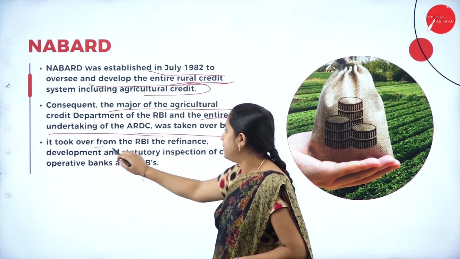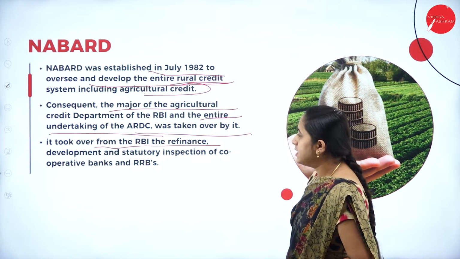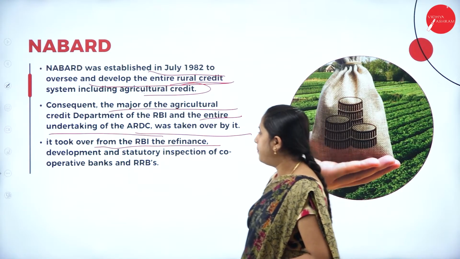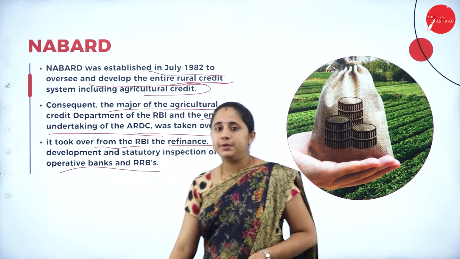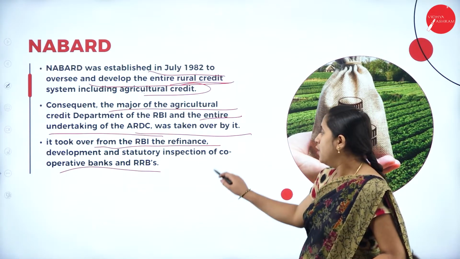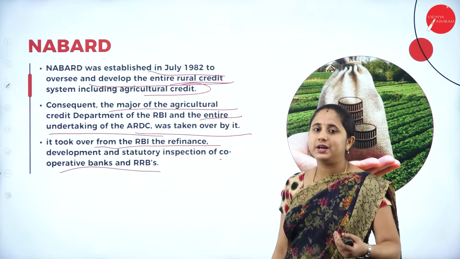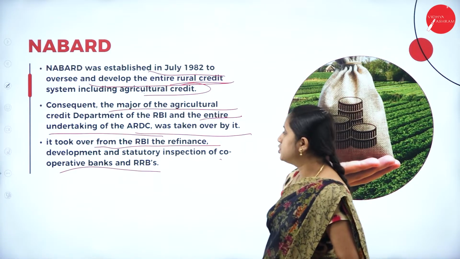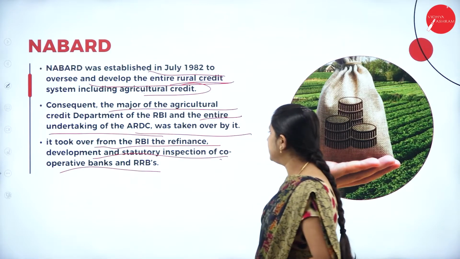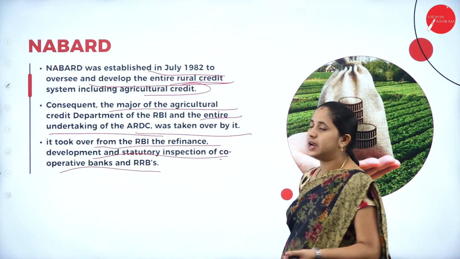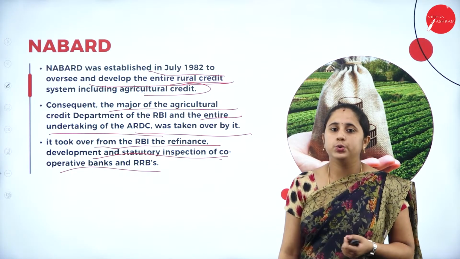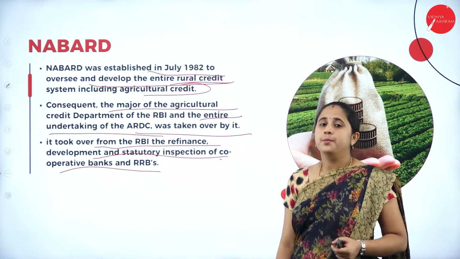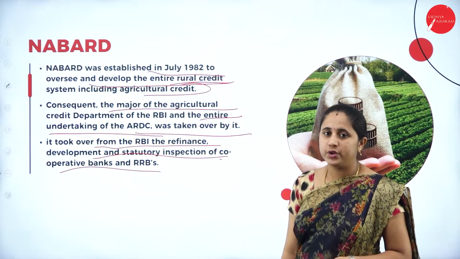It took over from the RBI the refinance, development and statutory inspection of cooperative banks and RRBs, regional rural banks. So now NABARD is mainly established in order to provide facilities for the rural area.